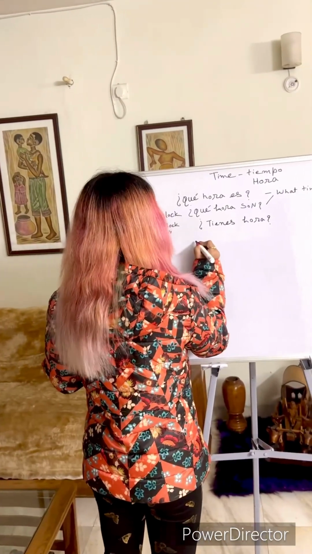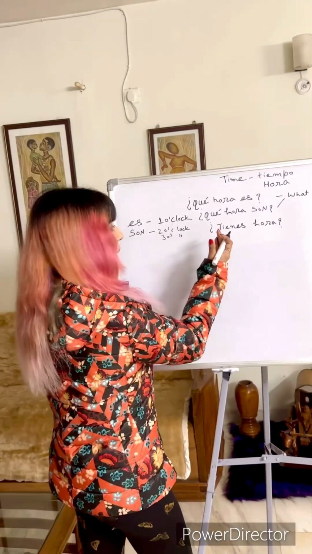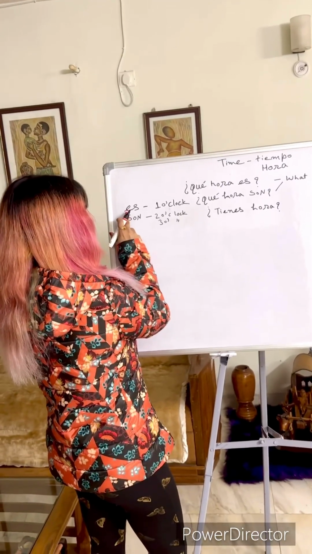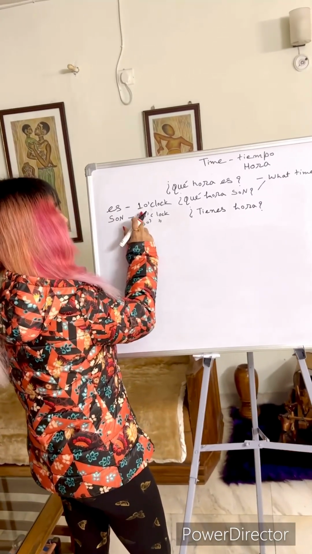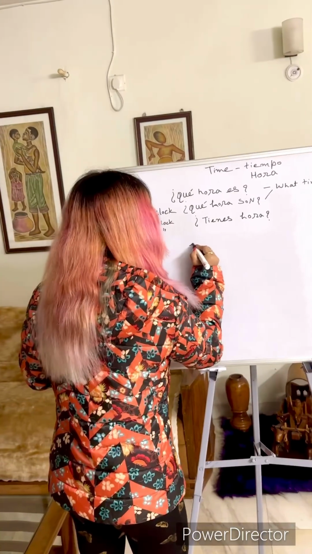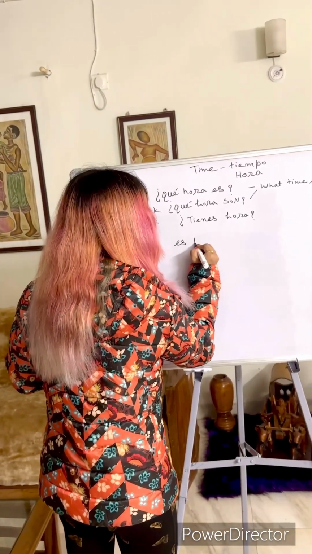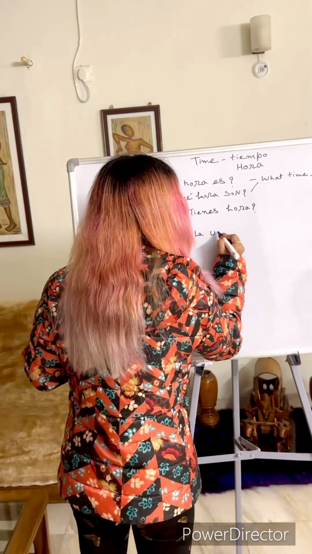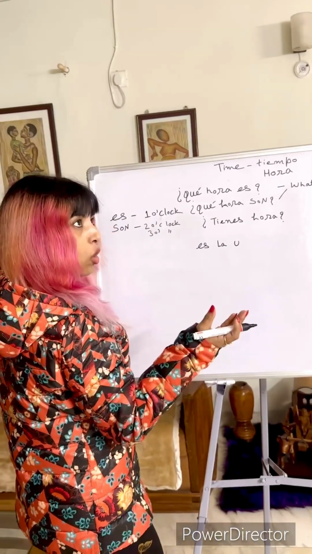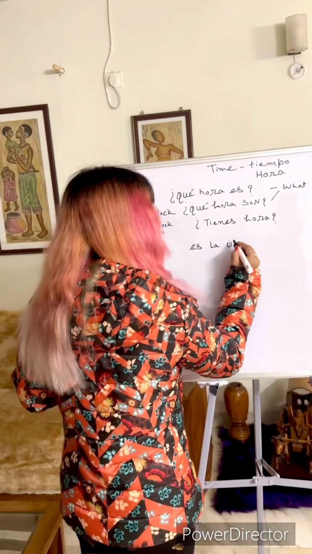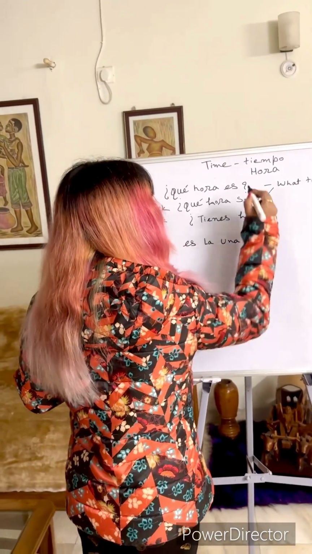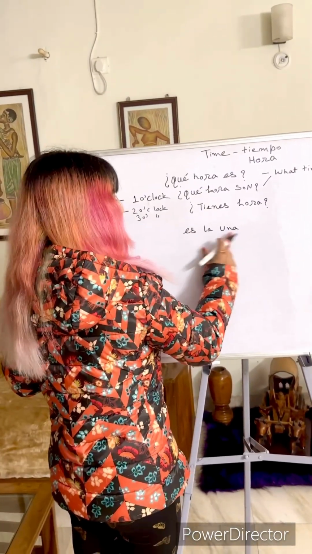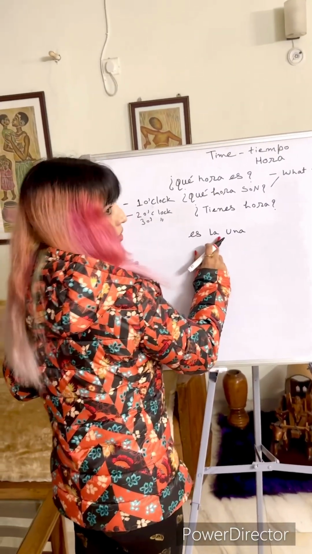So now how are you going to answer this question? Let's say it's 1 o'clock. For 1 we are supposed to use es, the third person singular form, because 1 is singular. So es, and then the definite article la, and for one it is uno, but we are going to write una because hora is feminine, and the feminine article would be la for singular.